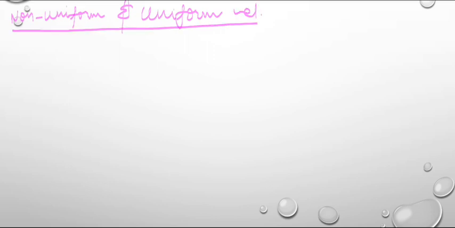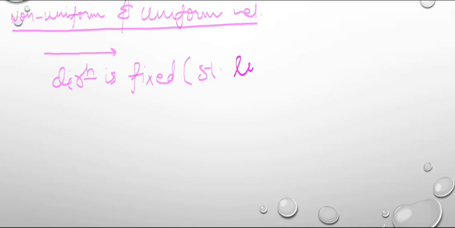Uniform velocity. Now students, what happens if an object travels in a straight line? If it is traveling in a straight line, it means here the direction is fixed, and that direction is a straight line.